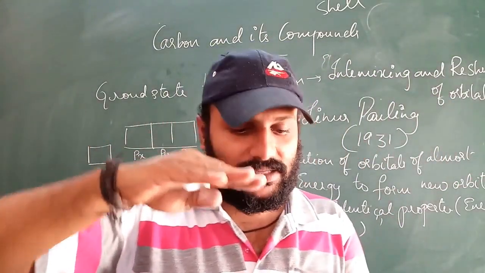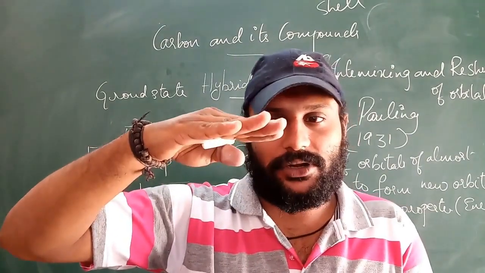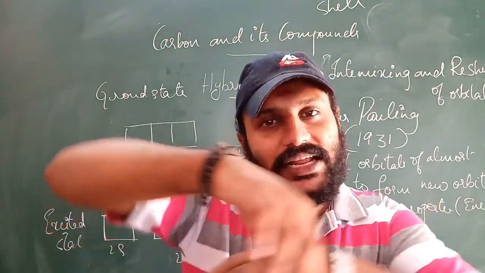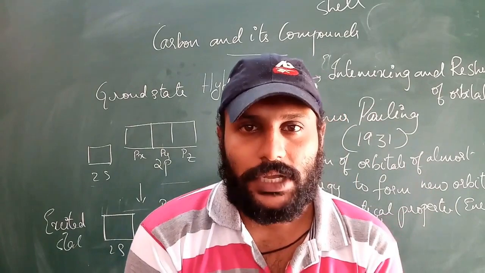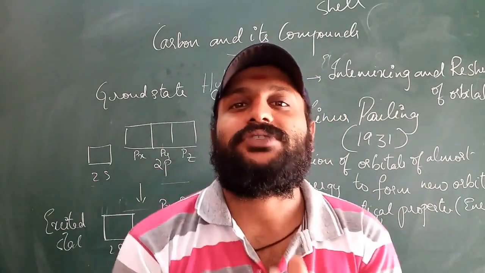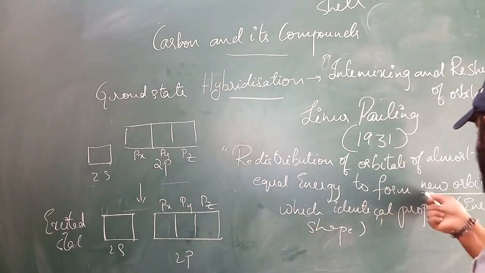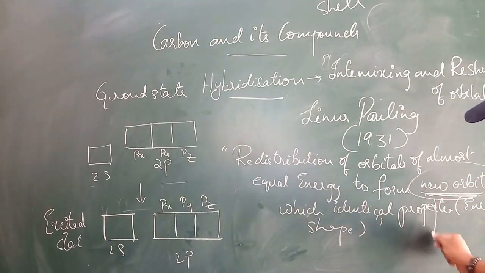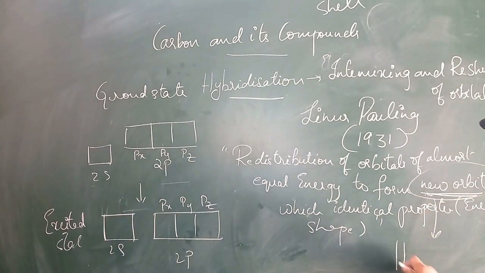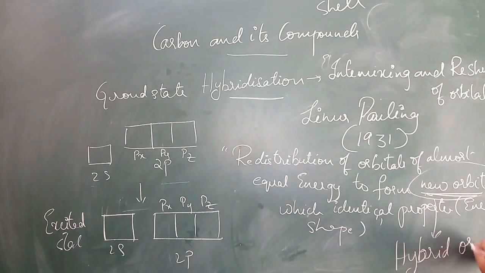It was saying that this is our s orbital, this is our p orbital. Intermixing and reshuffling of orbitals, and after reshuffling it forms new orbitals. As I said, it forms new orbitals. Now these new orbitals are called hybrid orbitals.